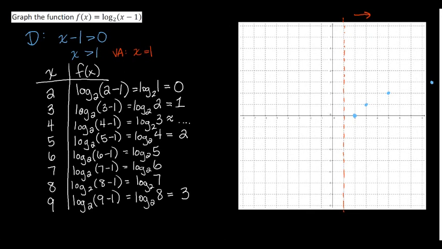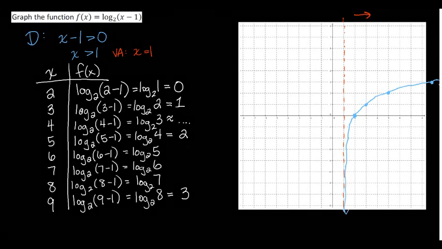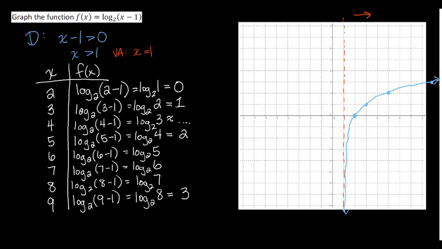And just like the exponential function, it runs along its asymptote. So it doesn't just stop at (2, 0). It'll run forever along the vertical asymptote. And there is the graph of the function log base 2 of x minus 1.